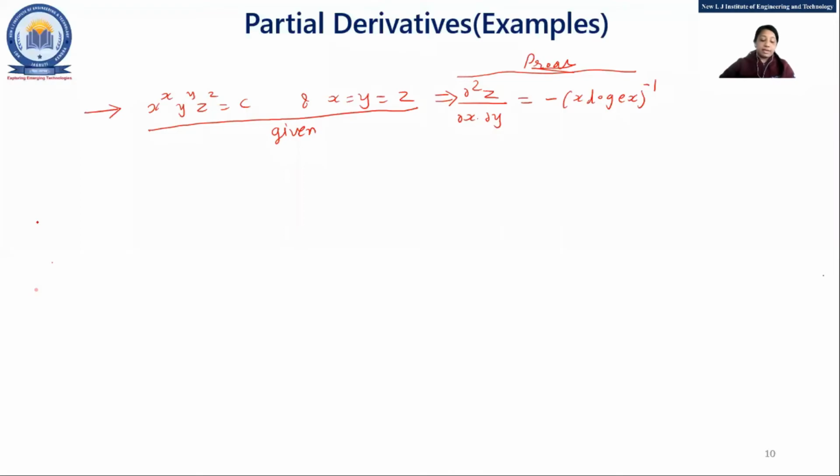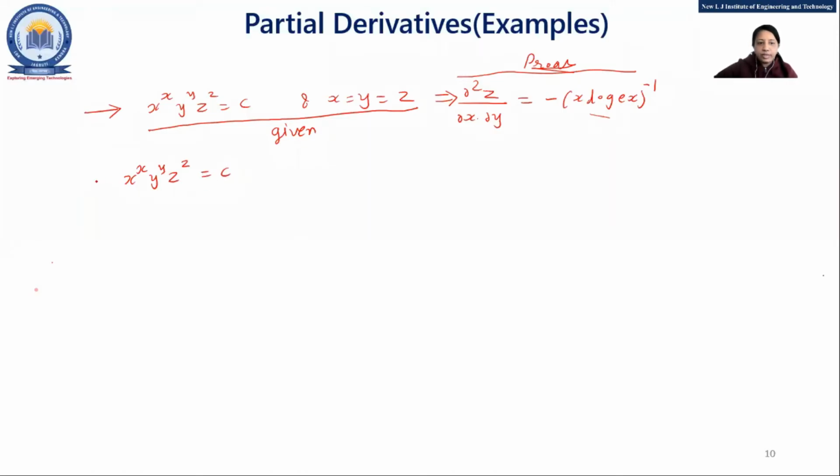So from where can I start? Here there is a log in the answer, right? So I'll start with this one. This type of question you need to remember; some trick you need to apply.